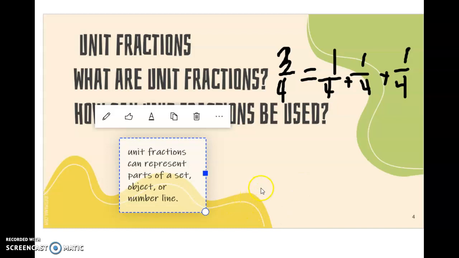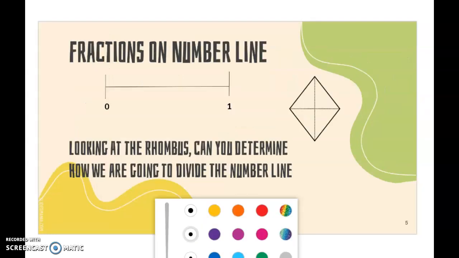We're going to see more examples of how we can use unit fractions to represent sets, objects, or number lines in the upcoming slides. Now let's look at two ways that we can use unit fractions to represent a number line and also to represent an object.